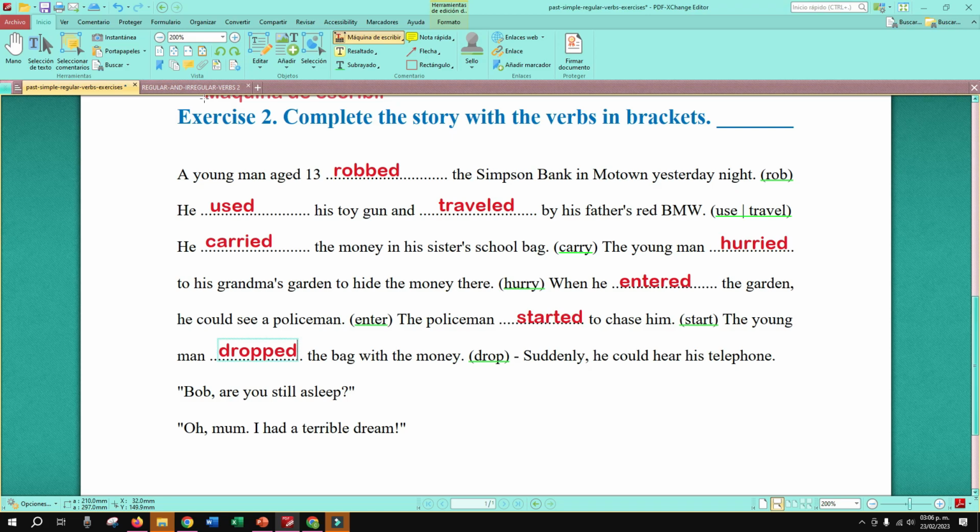That's very important, guys. A young man aged 13 robbed the Simpsons Bank in Maltown yesterday night. He used his toy gun and traveled by his father's red BMW. He carried the money in his sister's school bag.